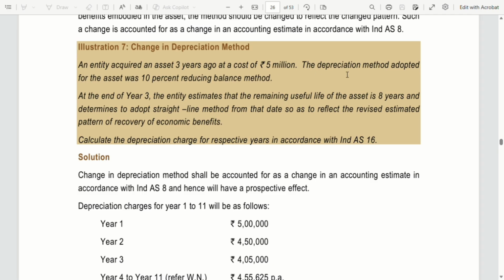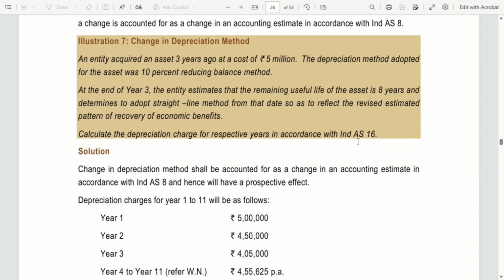The depreciation method adopted for the asset was the 10% reducing balance method. At the end of year 3, the entity estimates the remaining useful life of the asset is 8 years, and determines to adopt the straight line method. So earlier the entity was using the reducing method, and now they want to adopt the straight line method after the 3rd year. Okay, so we have to calculate and tell what the depreciation impact will be.